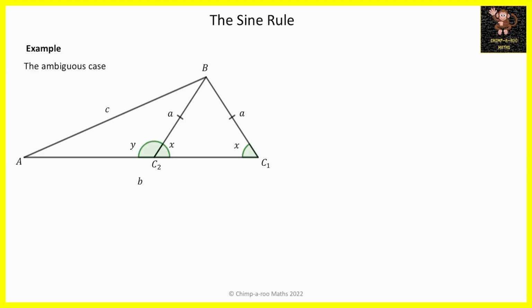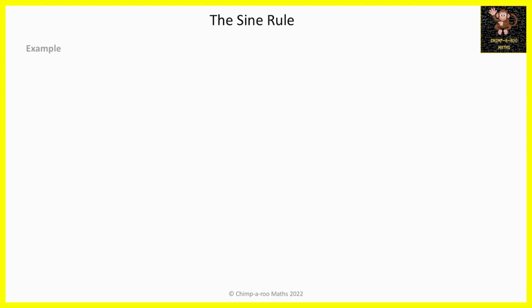If you notice from this, we can see that angle x and angle y lie on a straight line. So we've got sine A over a, sine x over c, and sine A over a is also equal to sine y over c. So sine x and sine y give the same answer, but they're clearly two different angles. But we know that x plus y is 180.